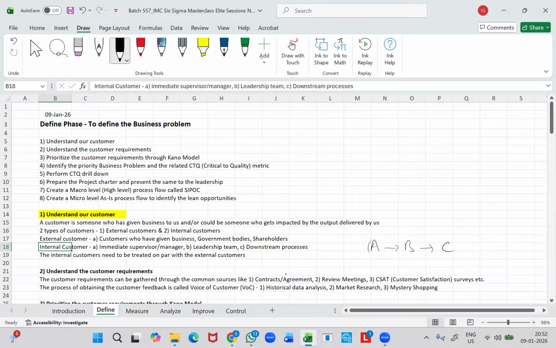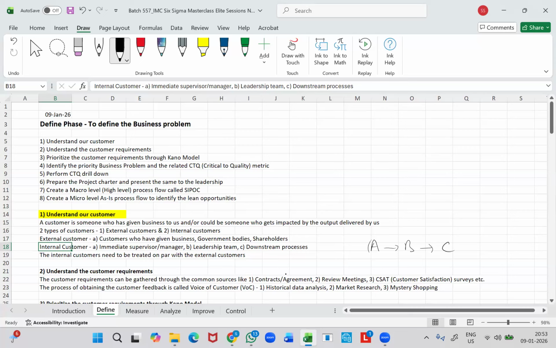Similarly, if B is going to commit a lot of mistakes, then C will end up correcting all those mistakes, or C will hand over that output to B, asking B to correct all those mistakes before sending the output to him. So B and C, as the immediate downstream processors, will definitely get impacted by the quality of output that is delivered by their respective upstream processors.